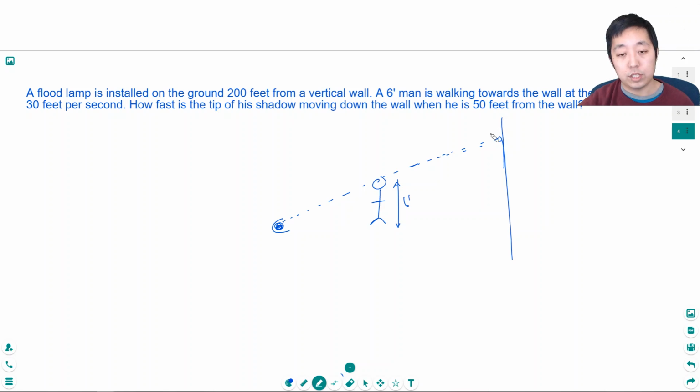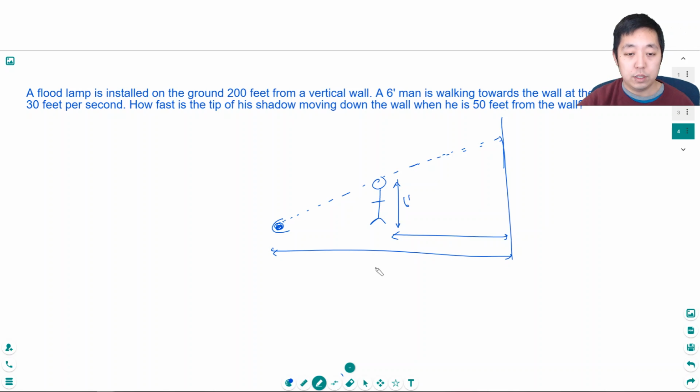That's where his shadow's going to hit, and as he moves this way, this point goes down. Let's not put any numbers in other than the things that are constant, because this distance changes. What's constant is this distance is definitely 200.